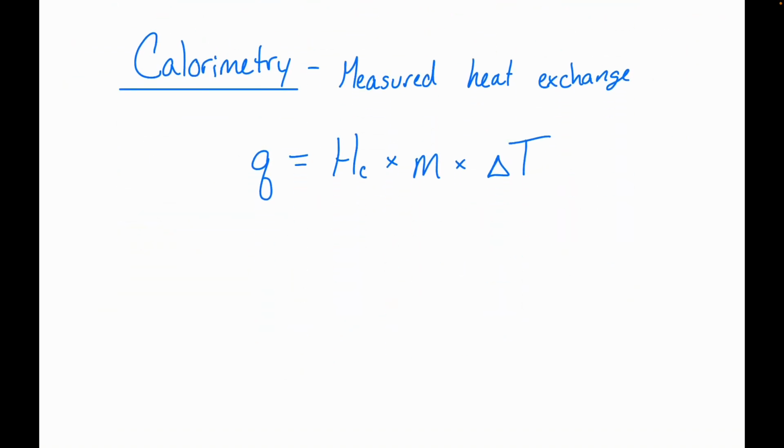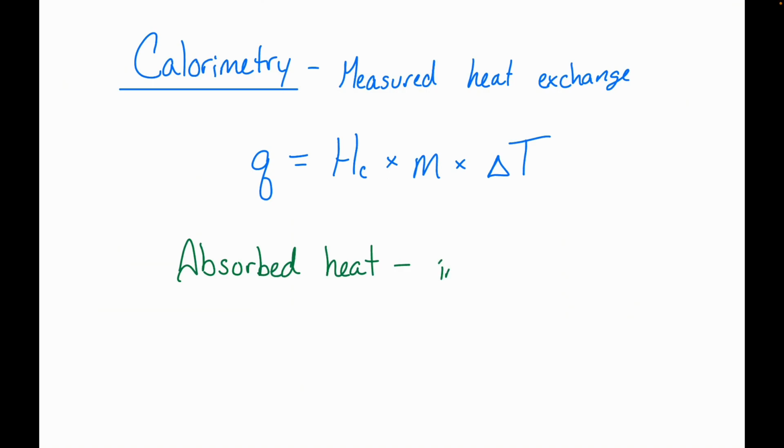First of all, remember we said that if something absorbed heat, what does that do to the temperature? I've got a piece of copper in my hand, for example, and it absorbs a bunch of heat. What's going to happen to the temperature of that copper? It's going to increase.